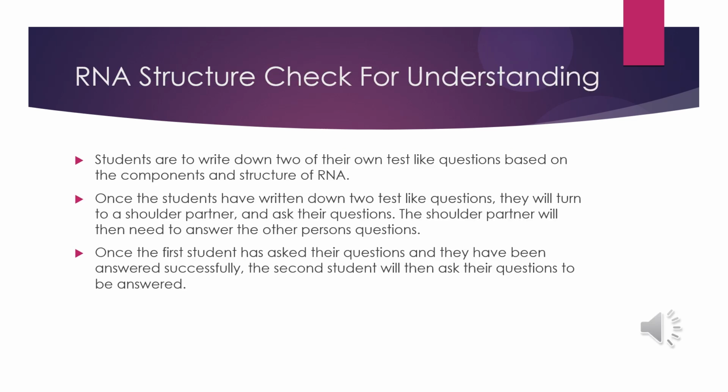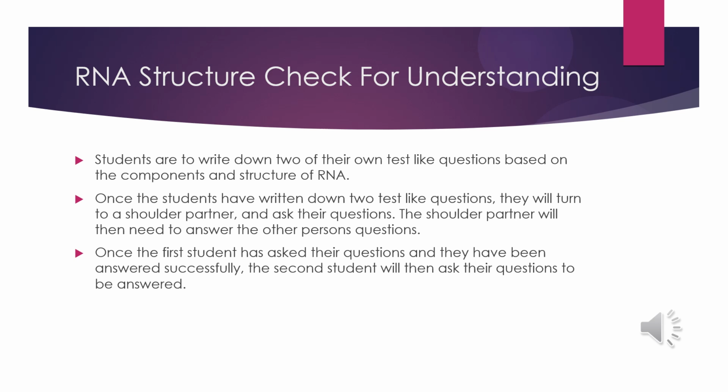For our check for understanding for the overall structure of RNA, you will write down 2 of your own test-like questions based on the 2 previous slides, so the components and the structure of RNA.